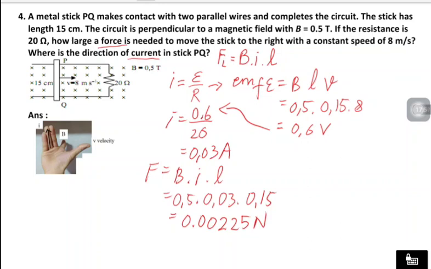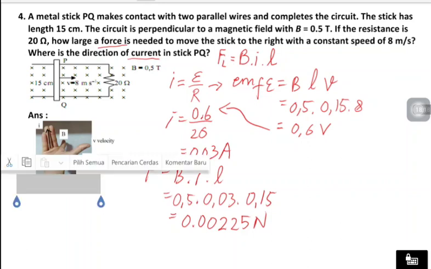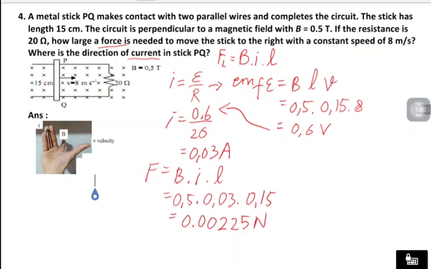Then we find the direction of current in stick PQ. According to the right hand rule, the thumb finger shows the direction of velocity, the index finger shows the direction of magnetic induction, and the other 3 fingers show the induced current.